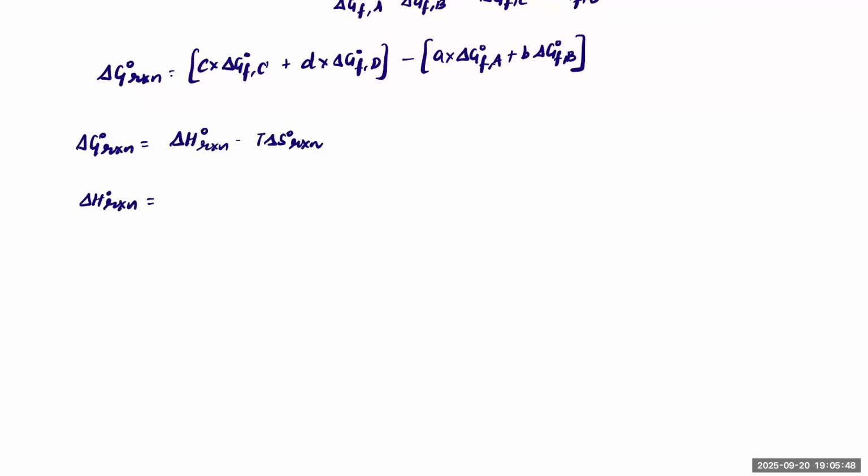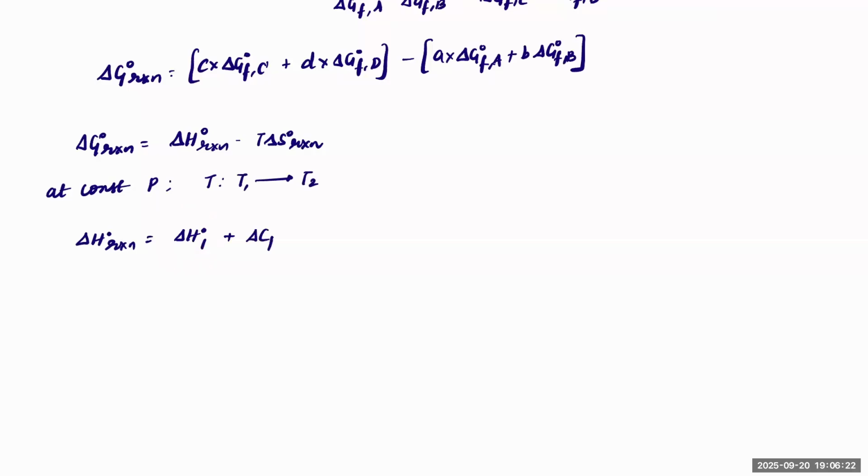Clear? If temperature is changing or if pressure is changing, in that case, how do we calculate? So check out. At constant pressure, and temperature changing from T1 to T2, delta H of the reaction will be equal to delta H naught 1, that means this is at some standard temperature, whenever I'm using it as 1, which means it is at standard temperature, correct?